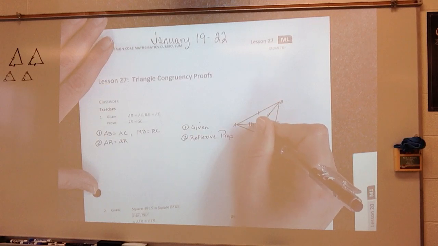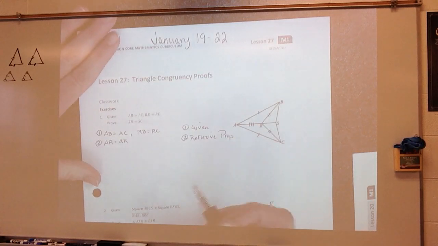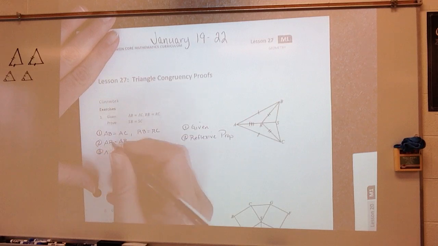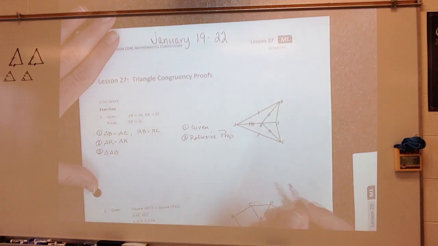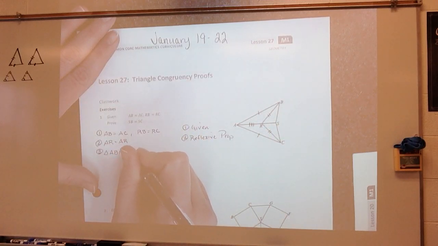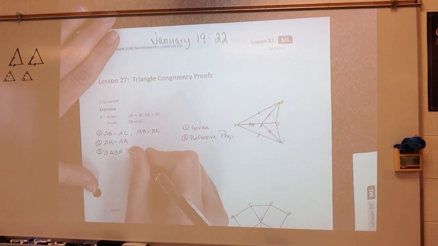Now, if I look at this, that means that I have proven 2 triangles congruent already. I have been able to prove that triangle ABR is congruent to triangle ACR.